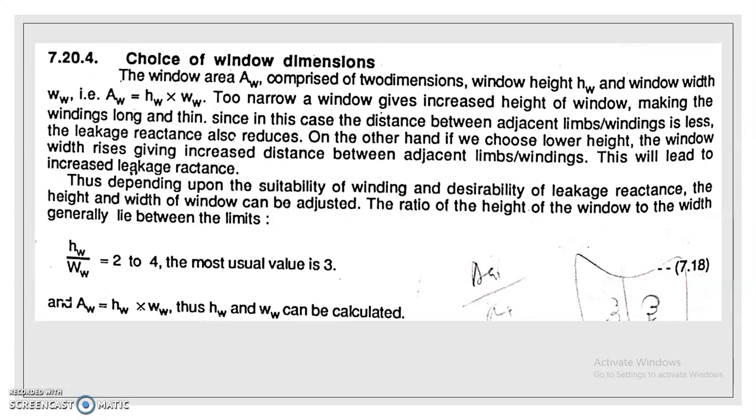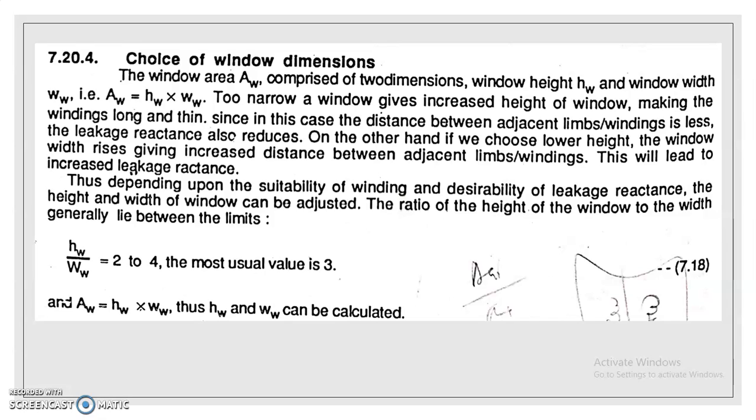Now the choice of window dimensions also takes a major part in designing the transformer. The window area Aw comprises two dimensions, the height of the window and the width of the window. So we can define the area of window Aw as equal to Hw into Ww, that is, window area is equal to height of the window into width of the window.